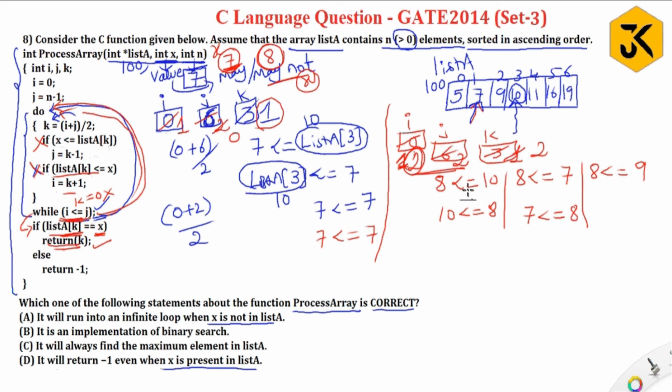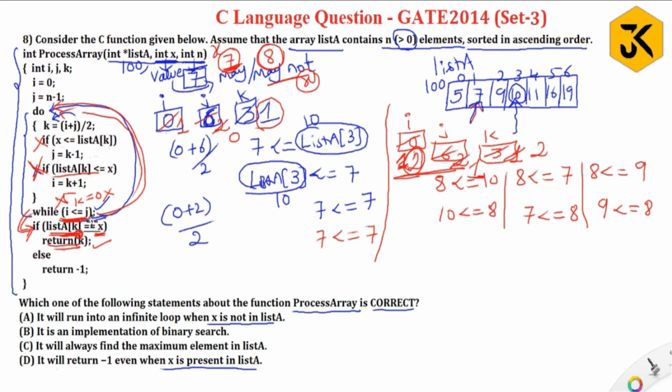Then, as the condition is true, j value is decremented by 1. J value is now 1. Now list A of k, that is 9, less than or equal to x value 8. Condition fails. Now once again it is going to check this condition. When this condition is checked, i value is 2, j value is 1. So this condition fails. When the condition fails, again it is going to execute this block.